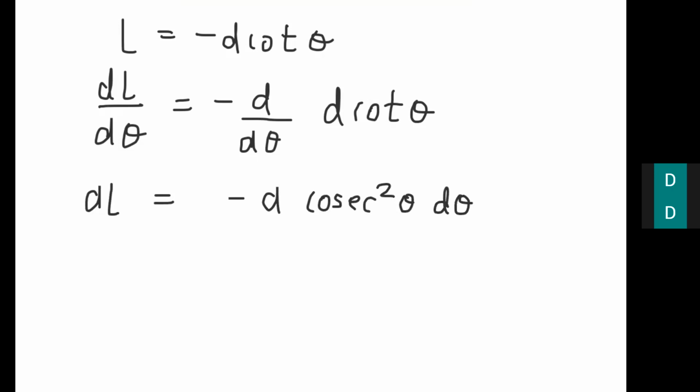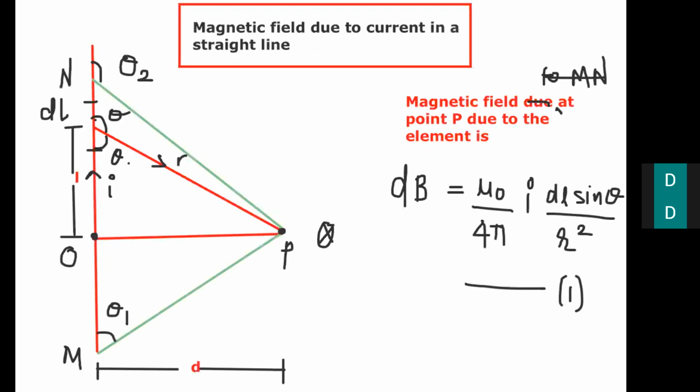Now, also we can see from this diagram, if we want to find out cosec theta, before that let's find out sine theta. With respect to this theta, sine theta is opposite side upon hypotenuse.